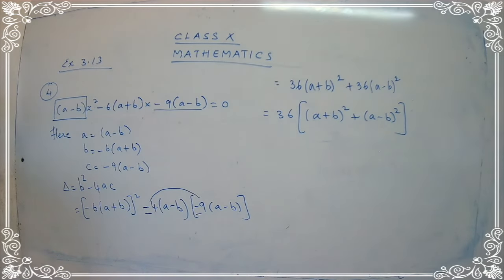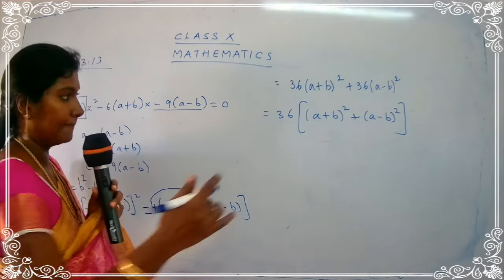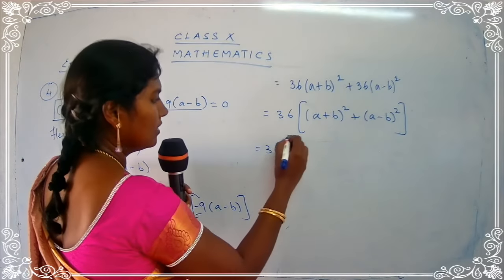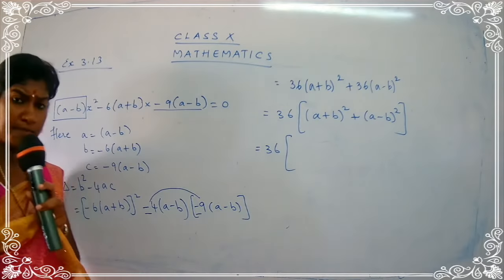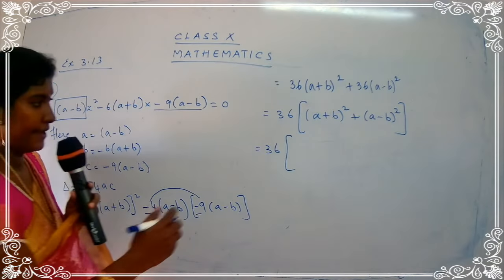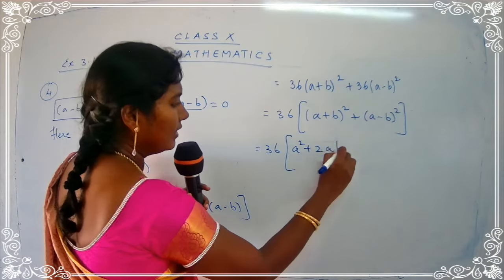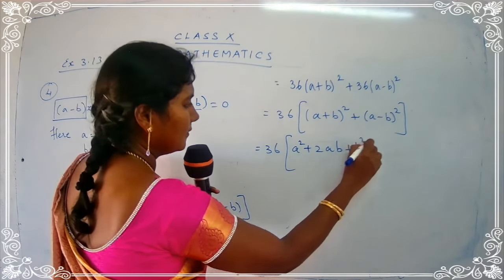Now let me apply the formula and I'll expand the term which is inside the bracket. So I'll get here 36. What is the formula for a plus b the whole square, children? Yes, say the formula. A square plus 2ab plus b square.